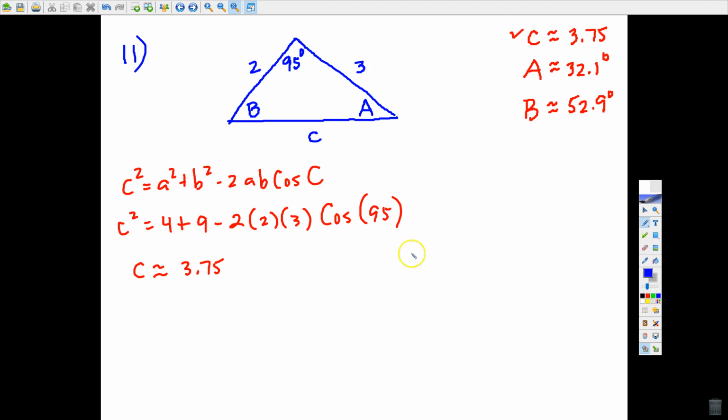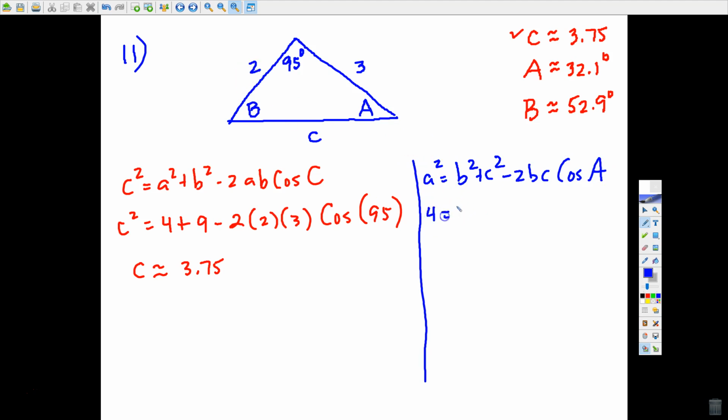And so now let's work on either of these angles. So I'm going to go after angle A. So a squared equals b squared plus c squared minus 2bc cosine A. All right, so a squared is 4. B squared is 9.